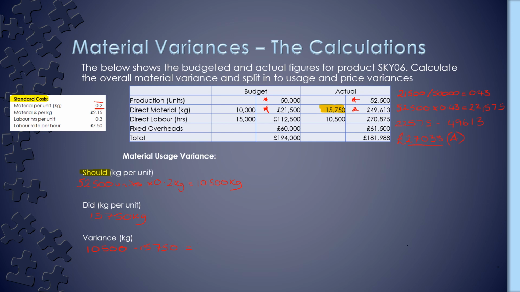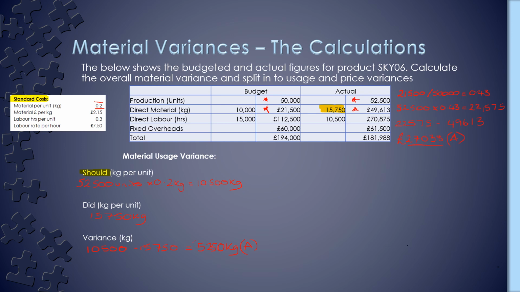And then we have our material variance in kilos of 5,250 kilos. And again, this is adverse because this would be a negative: this is what we should have used, and we actually used 5,250 kilograms more. So this is adverse.